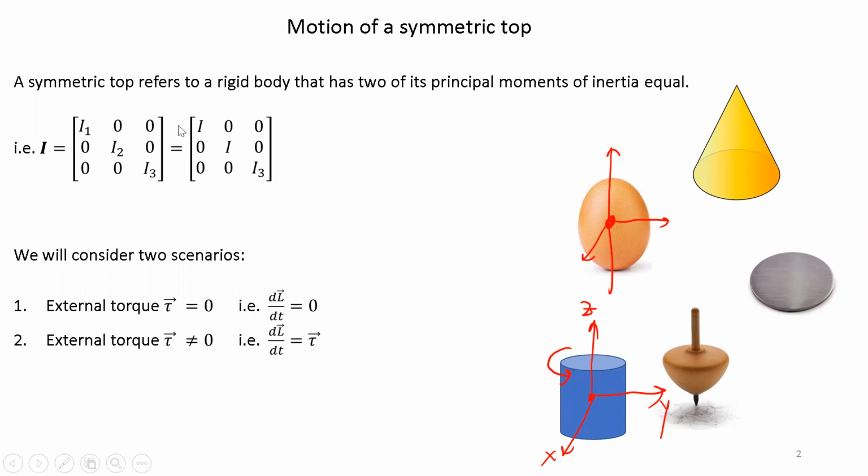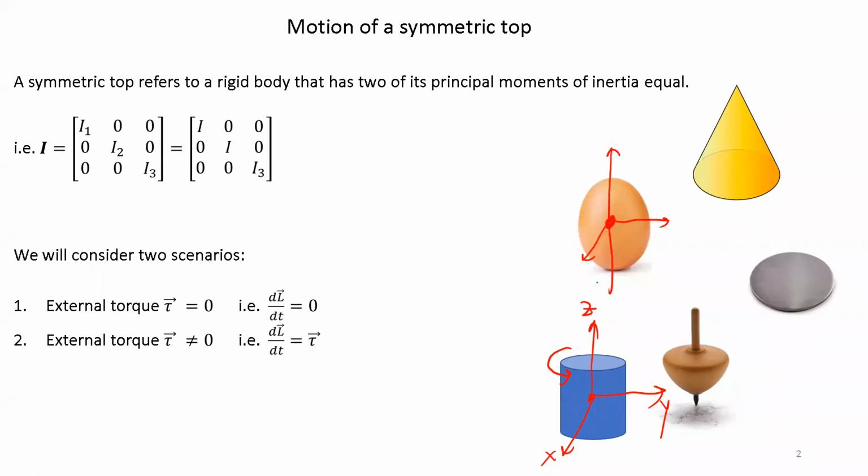And then this I1 and I2, which I call I, are the moment of inertia when you try to rotate about the x-axis and about the y-axis. So although you might not remember the value, by symmetry you can clearly see that the rotation about the x-axis and the rotation about the y-axis will correspond to the same moment of inertia. But then the z-axis is the one that is different.